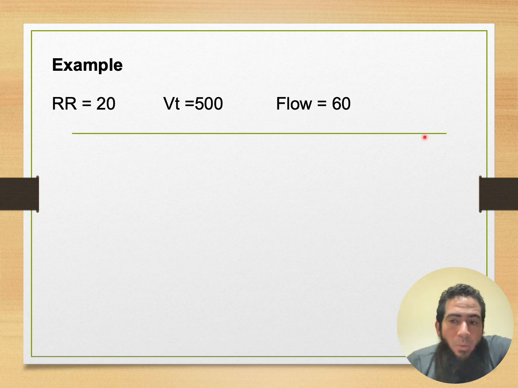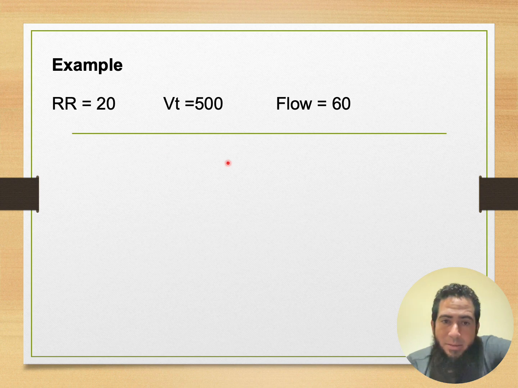So now the only thing we changed is that we doubled the flow velocity. So instead of 30, it became 60. That means the air will go in faster. 60 liters per minute means 1 liter per second.